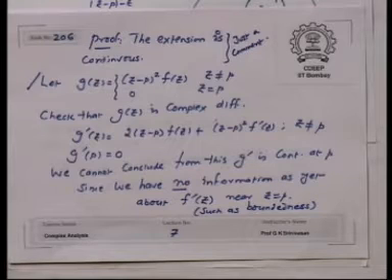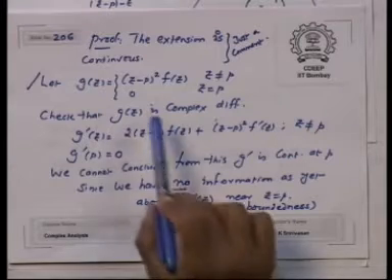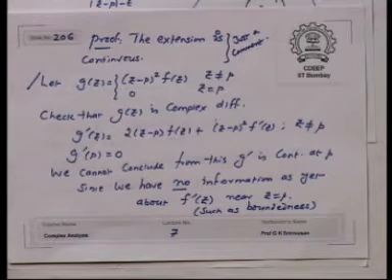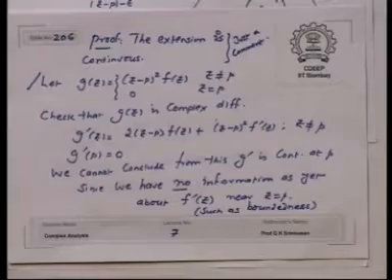Once g z is analytic, g of p is 0, g prime p is 0, the power series expansion for g will not involve the constant term and the first term, and so you will get g z equal to z minus p the whole squared times h z, where h z is analytic, and this is equal to z minus p the whole squared into f z. The z minus p the whole squared cancels out, you get f z equal to h z, and h z is analytic.